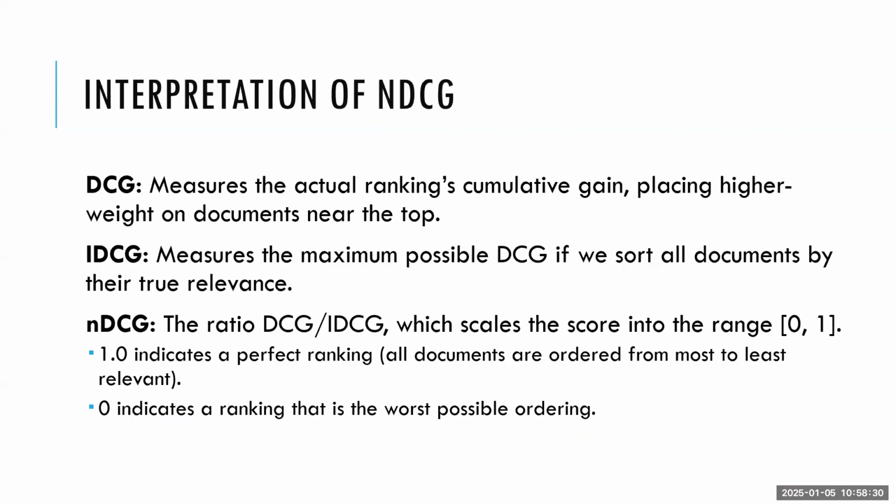So for the NDCG, again, one would indicate the perfect ranking, so all documents are ordered from the most to least relevant, and 0 would be otherwise. So you have 3 metrics to compare the ranking model.